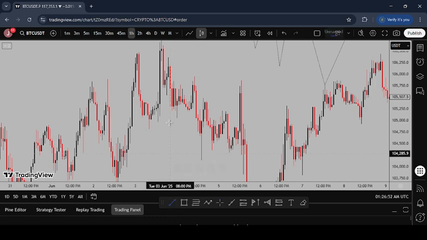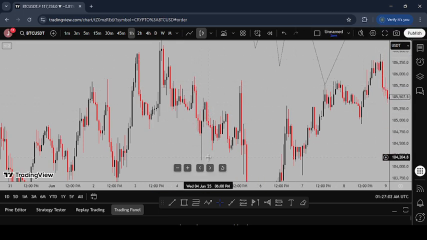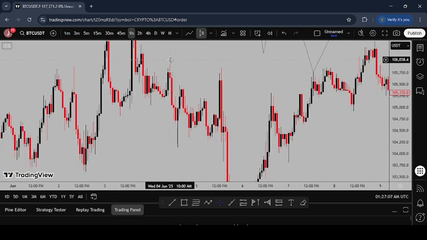This particular high has swept a previous internal high here. So there was a sweep. Then all of a sudden the market pulls down to this level. So we have a swing from here to here. That will be our interest.